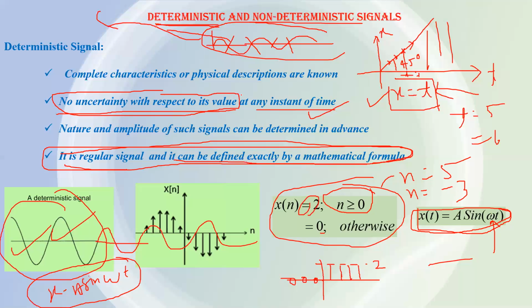You can determine at any instant of time its strength. It is a regular signal. You know its complete characteristic or physical description. So such type of signal is deterministic signal.